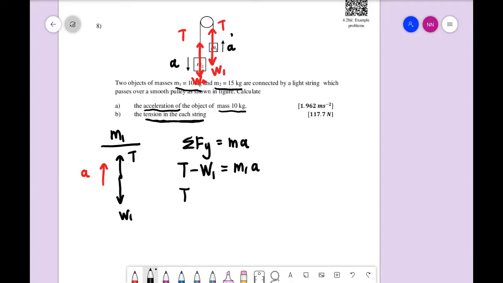So simplify, weight 1 is M1 times G. M1 is 10 kilogram, so 10 times G 9.81 and then 10A.